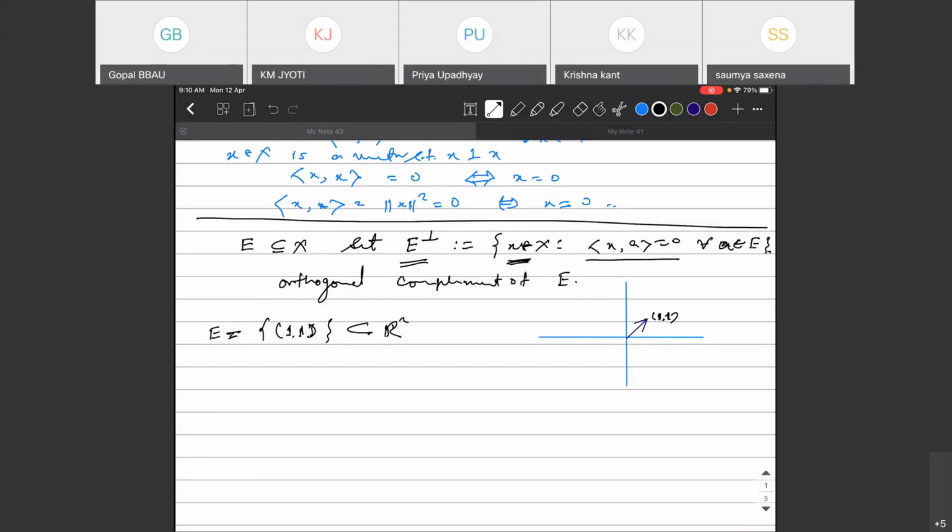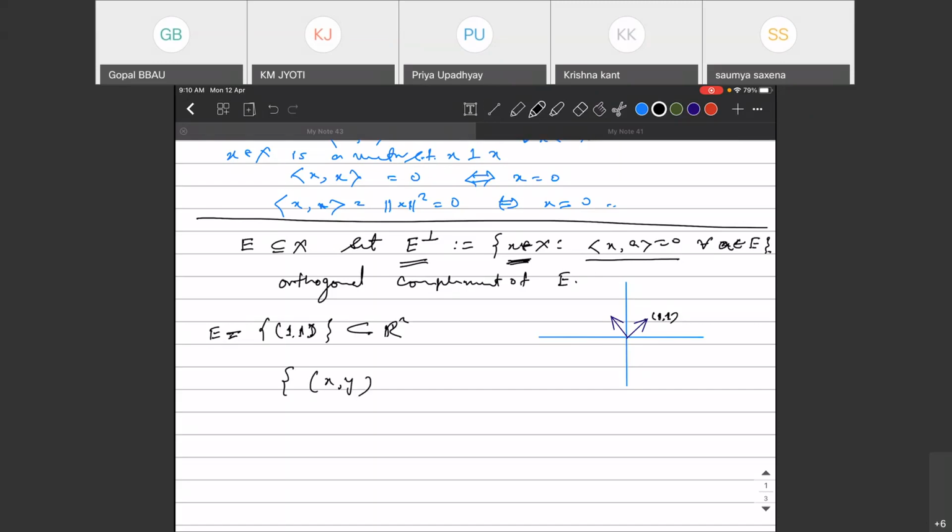All vectors which are perpendicular to this, so this vector is perpendicular to (1, 1).